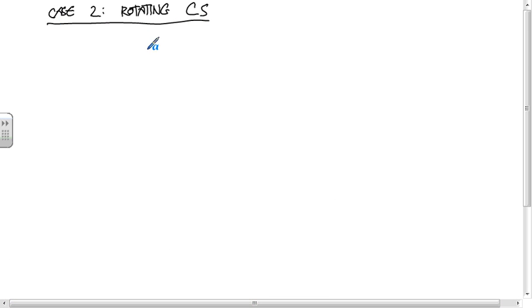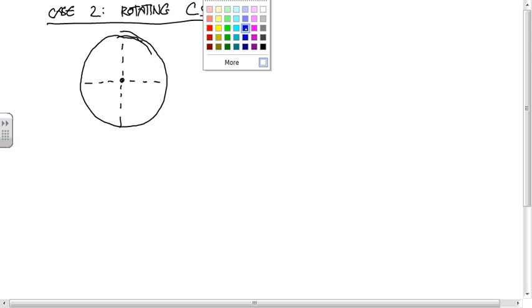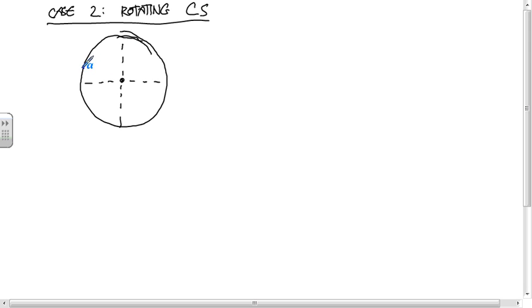Okay, so this time, again, we're looking at a top view. So the motion is the same, and we're going to look at these same 2 points. So this is location 1, and this is location 2. Imagine those are identical to the other case.